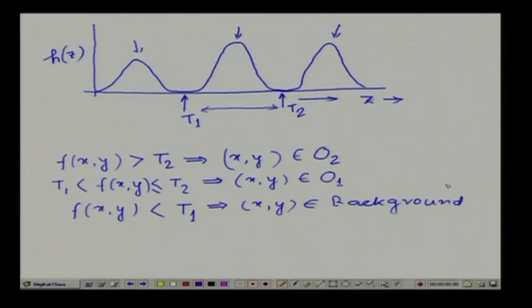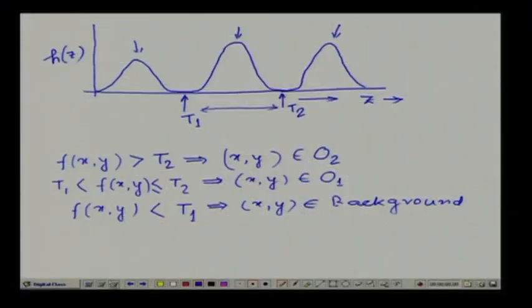Even in cases where we have histograms with more than 3 peaks, similar classification is possible. But what we have to do for this thresholding based segmentation technique is to choose proper threshold values.